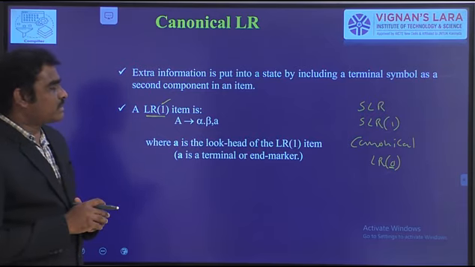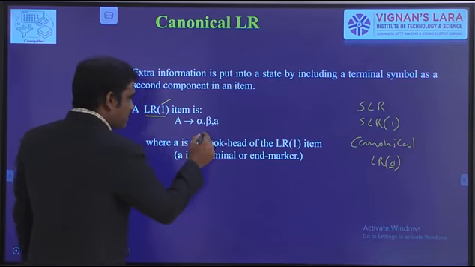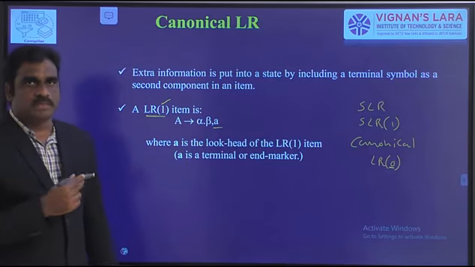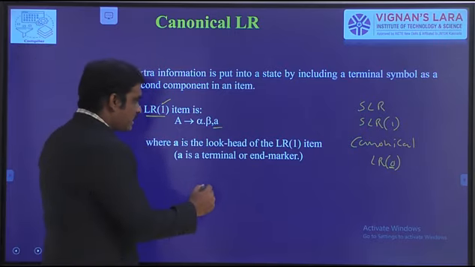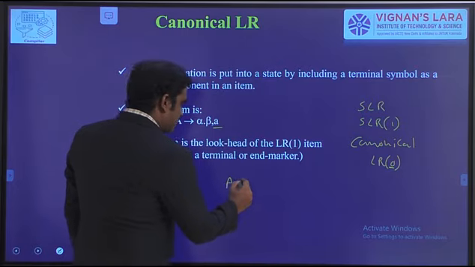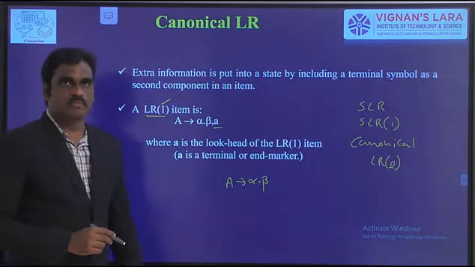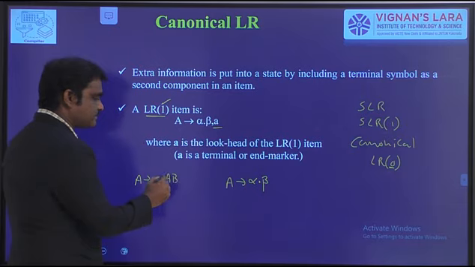The main difference between SLR and CLR is this one: we have to add one new extra symbol. Suppose in SLR, generally the production is like this, A to alpha dot B. Like, suppose A to dot AB.